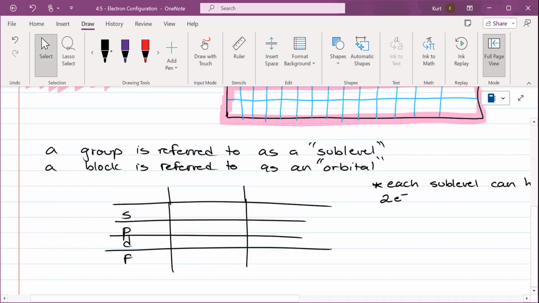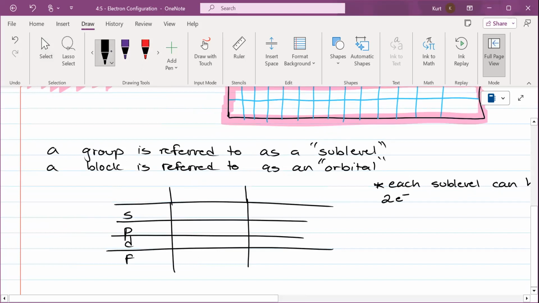All right, hold on. Now, I want you guys to make a little amendment here. Right over group, put every pair of groups. There we go. That should make it all better. Every pair of groups can hold a maximum of 2 electrons.